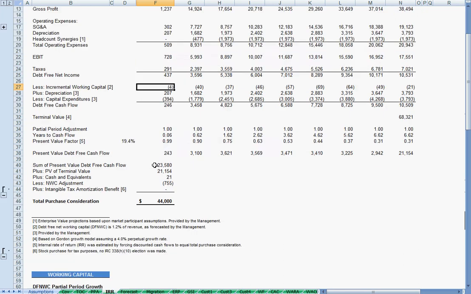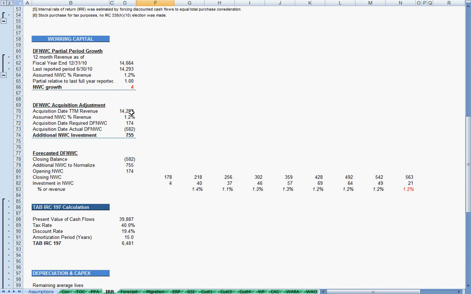That is to account for this small amount of net working capital investment that we have to make in the stub period. The second part of it is the upfront investment. The upfront investment, as I mentioned in the earlier session, has to do with the fact that when the target is acquired, the balance sheet may have too much net working capital or too little net working capital.